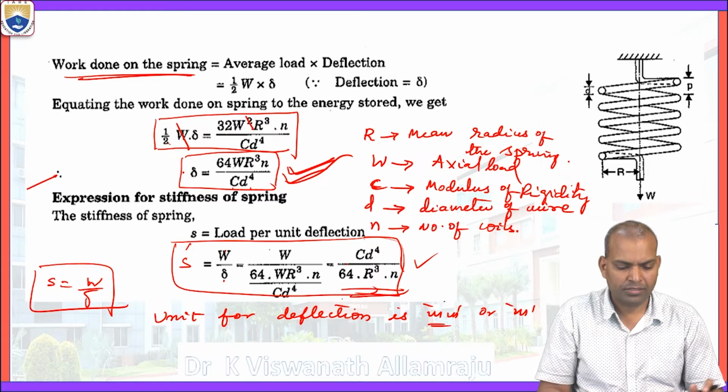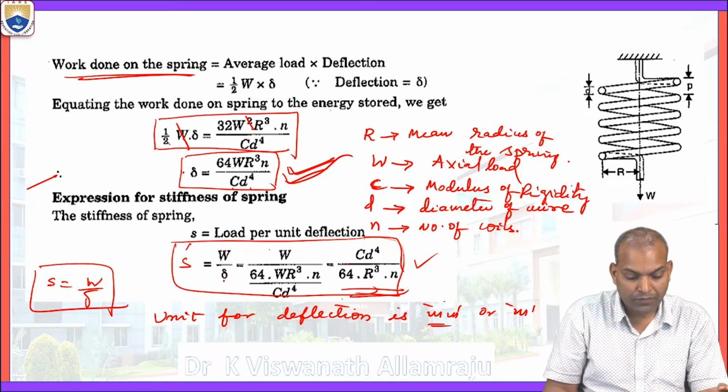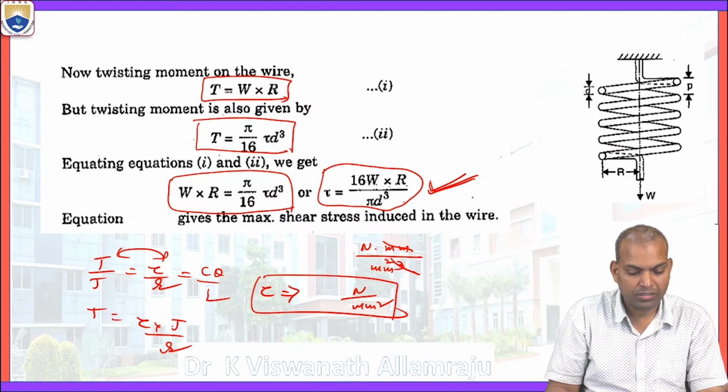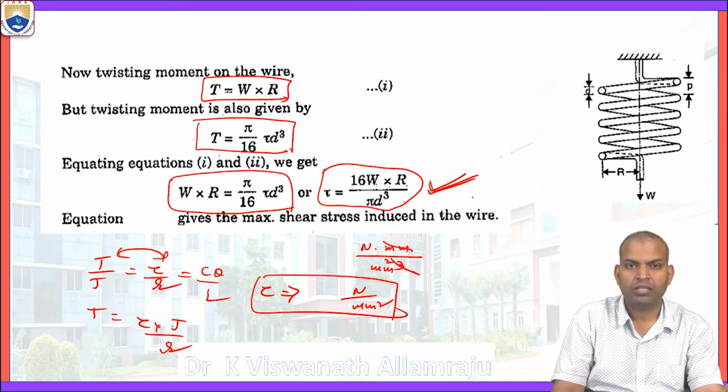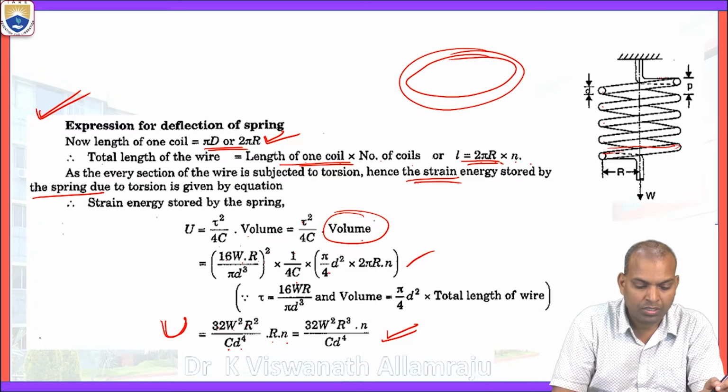So in this manner, we have to derive the deflection. Deflection comes from where? The expression for shear stress. The shear stress should be known. From the shear stress, we get the deflection because of strain energy stored.